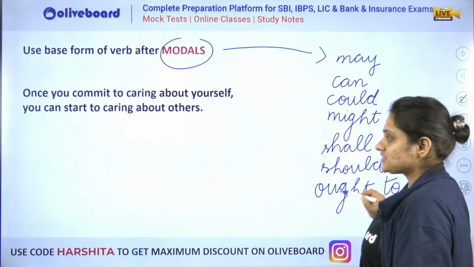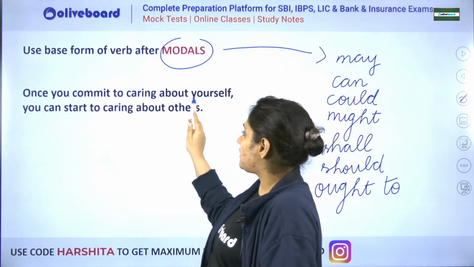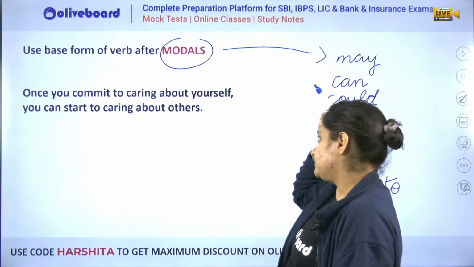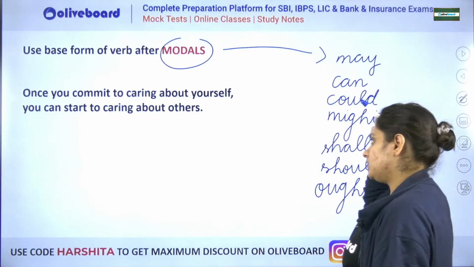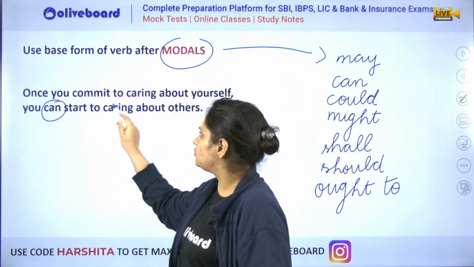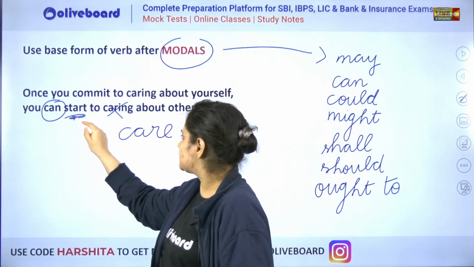Now with these always use the base form. Once you commit to caring about yourself, you can start to care about others. Here, after can, start is used.